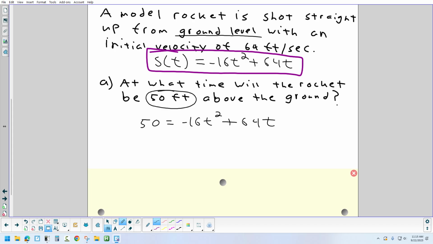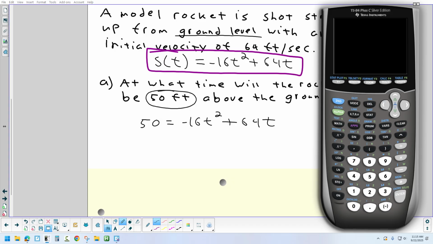Now, I asked you this before, very similar kind of equation. Highest exponent there is a 2. That makes this a quadratic. So I could go through and solve it just like I did last time. I could put the 50 over on the other side, identify my A, my B, and my C, and fill it all in and do quadratic formula. But I already did quadratic formula.